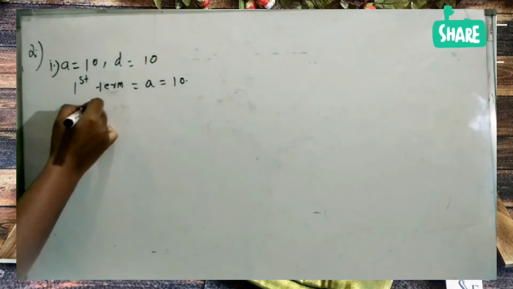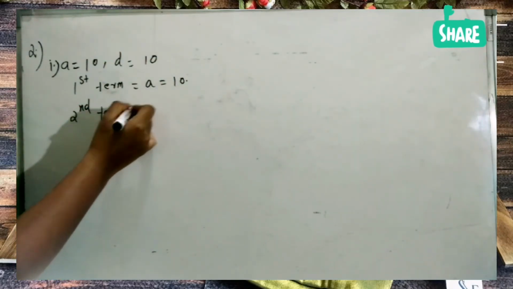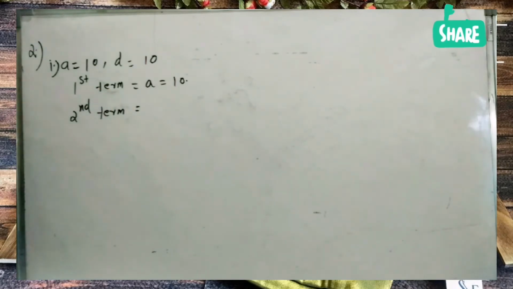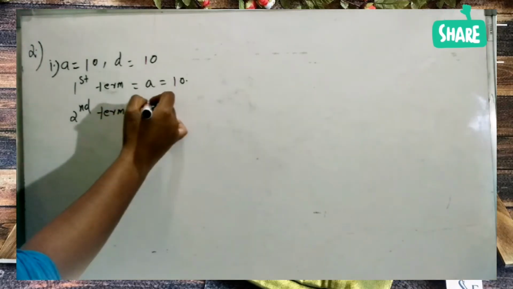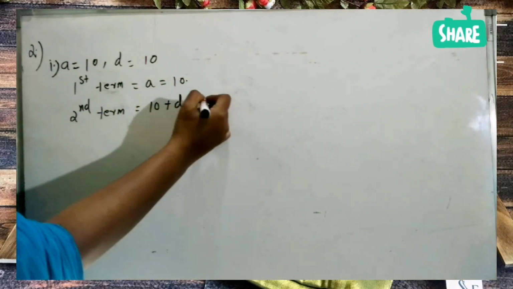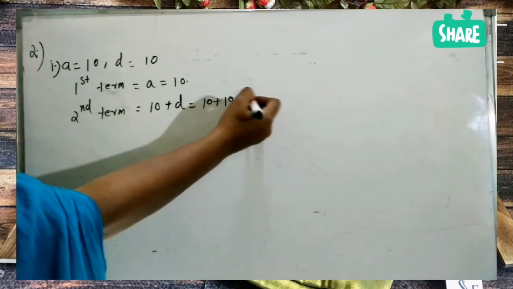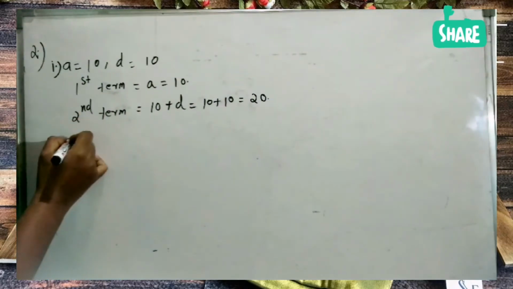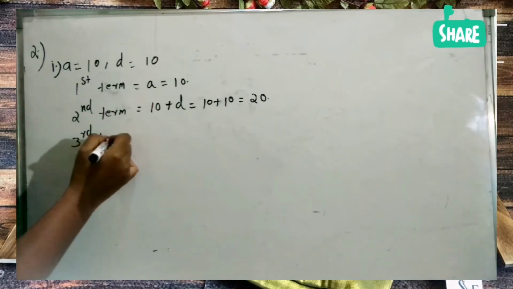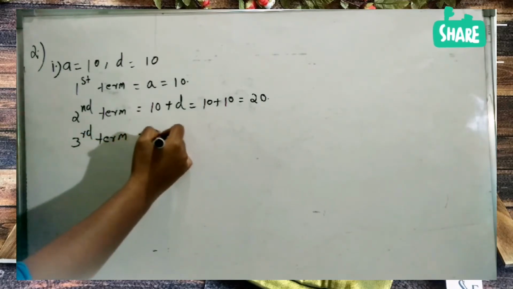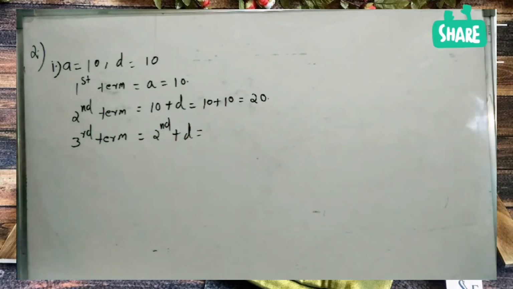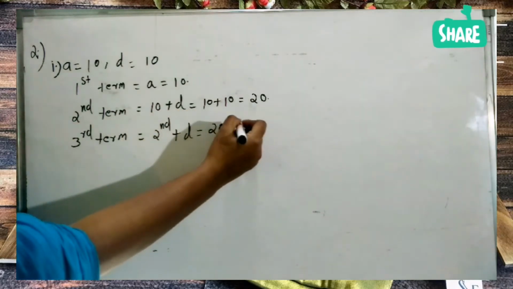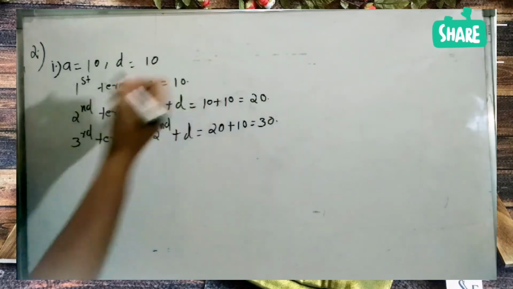Now the second term is the first term plus common difference, that is 10 plus D, which is 10 plus 10, equal to 20. Now the third term is second plus D, that is 20 plus 10, equal to 30.